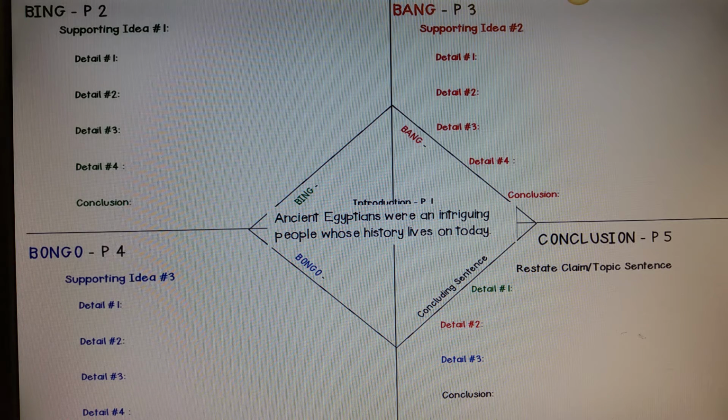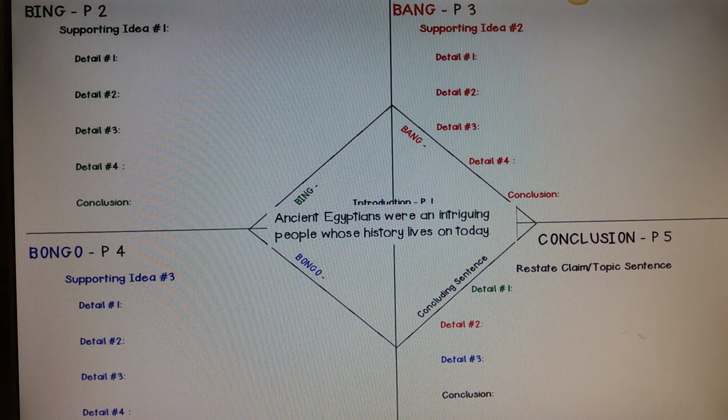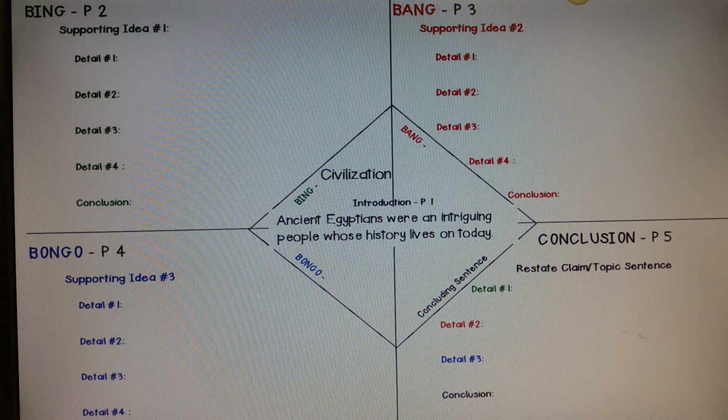So as we talked about before, we had those 3 ideas that were broken down into the sections of that first article. They were civilization, which we will use to create our second paragraph, our being, and then achievements for our third paragraph, superstitions for our fourth paragraph.